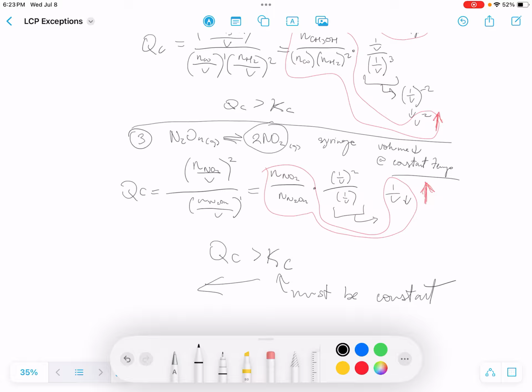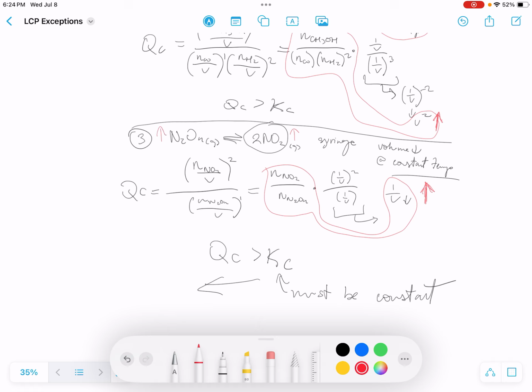And if you want to keep Kc constant, we have to increase the amount of NO2 as well. So to summarize that, if we want to keep Kc constant, the concentration of NO2 in the new equilibrium mixture must be higher than that of the initial equilibrium mixture, because the amount of N2O4 molecules is going to increase in the new equilibrium mixture.